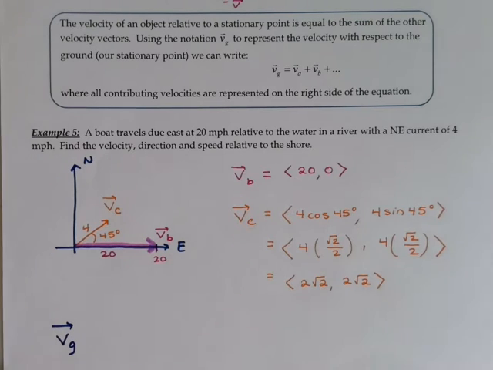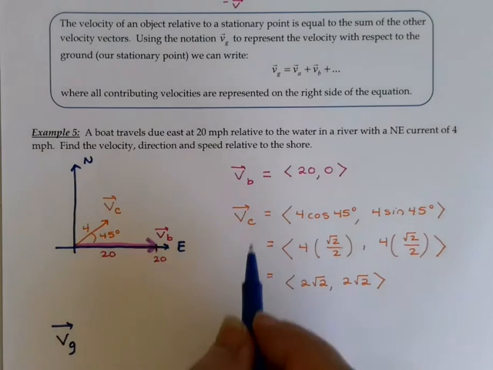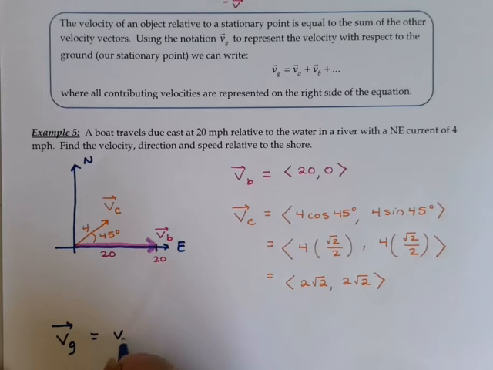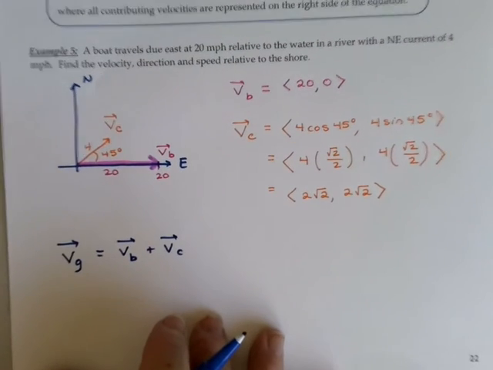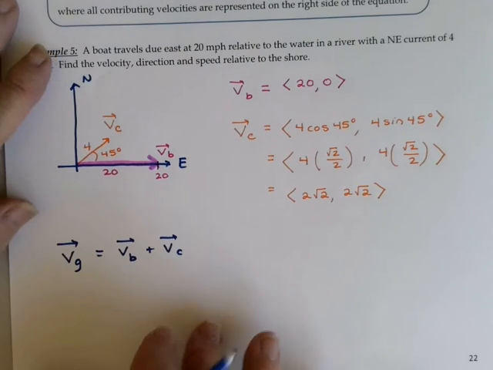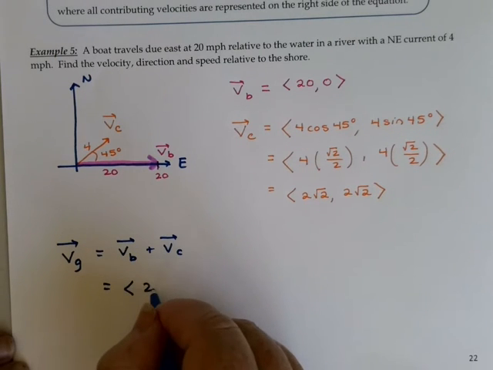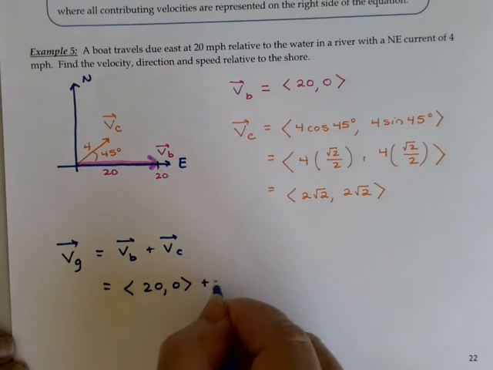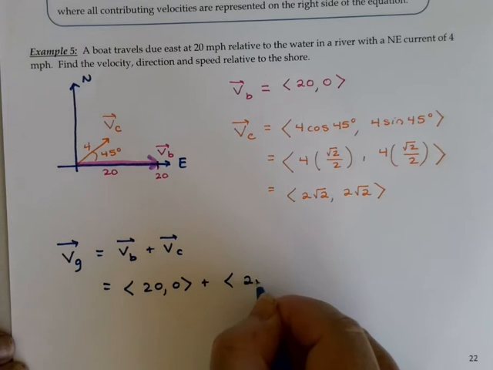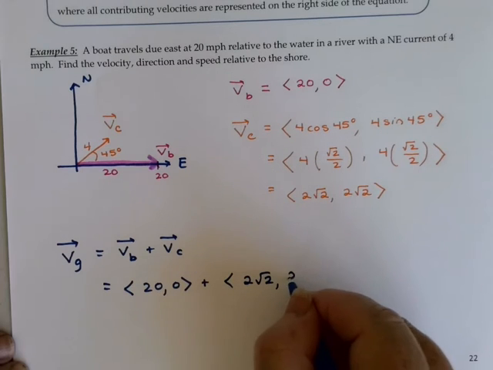All right. The velocity vector with respect to a stationary point on the ground, then, is just VB plus VC. Which will be 20, 0, plus 2 square root 2, 2 square root 2.